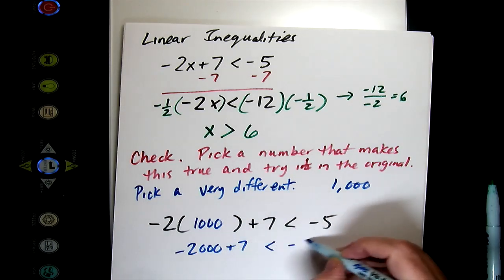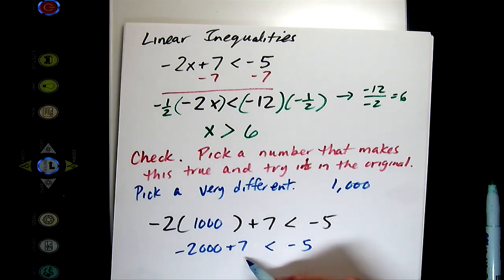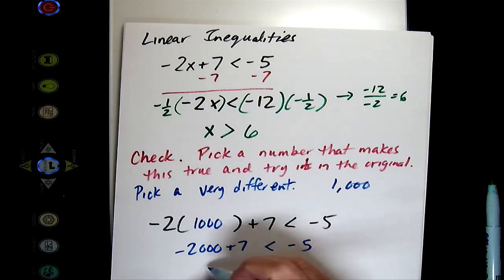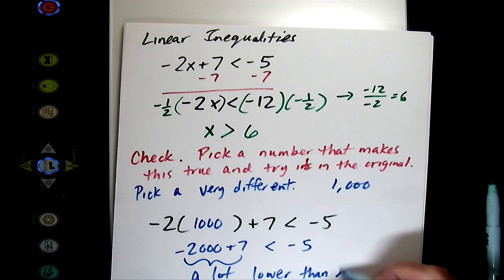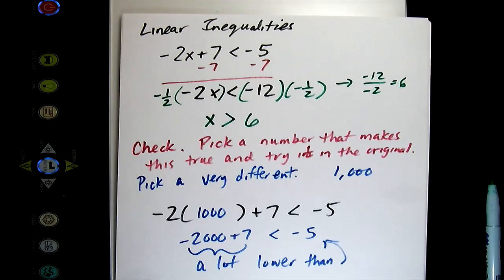I don't really need to do this math and figure out that this is negative 1993 to tell that this is a lot lower than that. So I at least did the sign right. I may not have the x is greater than 6 correctly, but I'm going to assume I did.